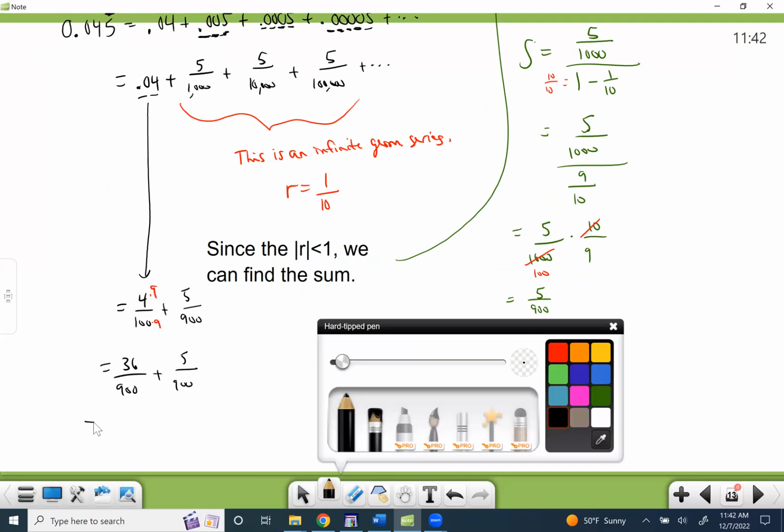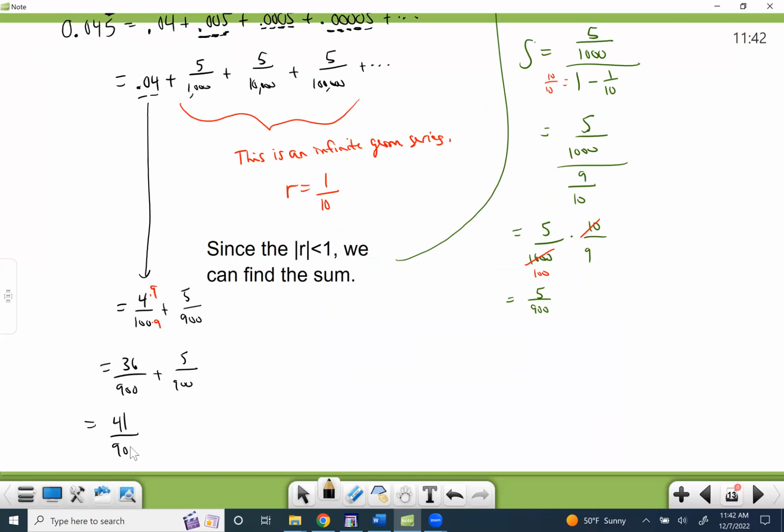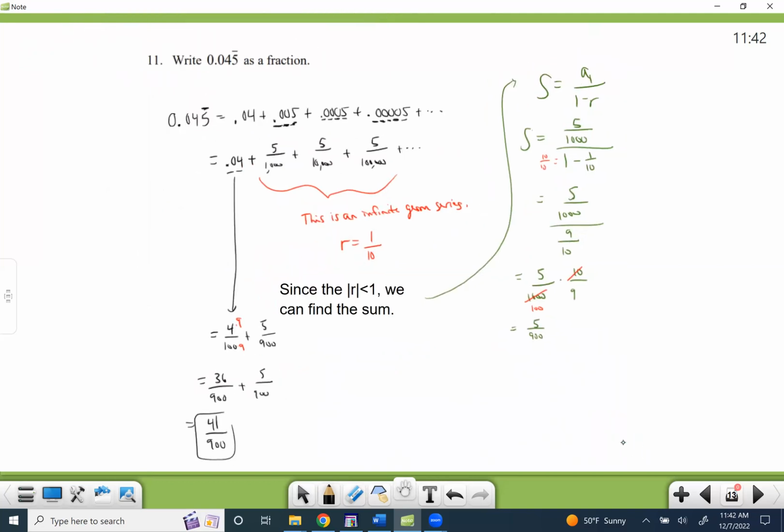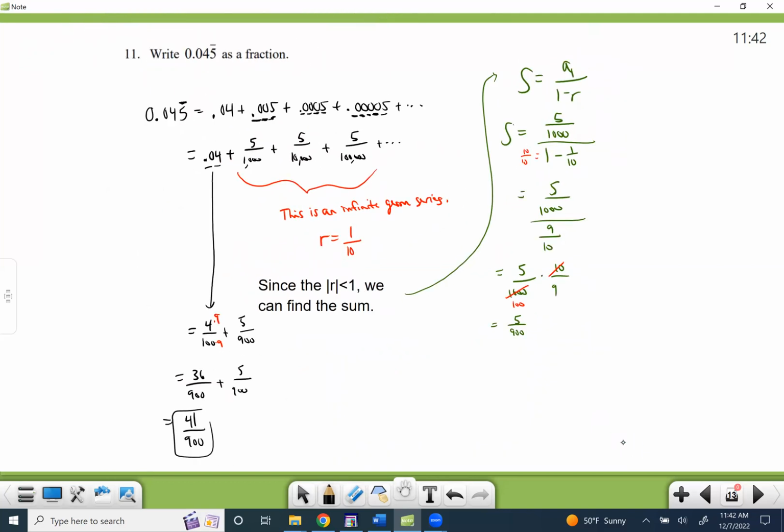I'm getting 41 over 900 as the fraction that supposedly is 0.0455555 forever. I'm going to check. In my calculator, I put 41 divided by 900. It says 0.0455555, and it just rounds up at the end and says 6. So this looks good. I checked it in the calculator and it did give us 0.045 repeating.